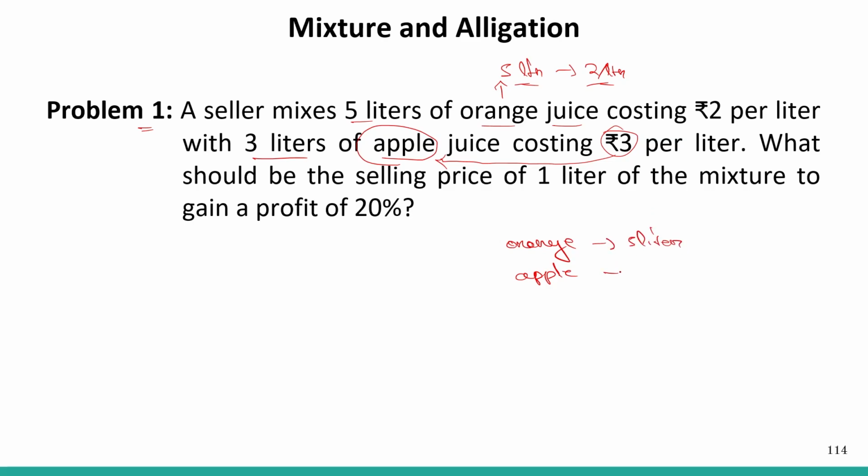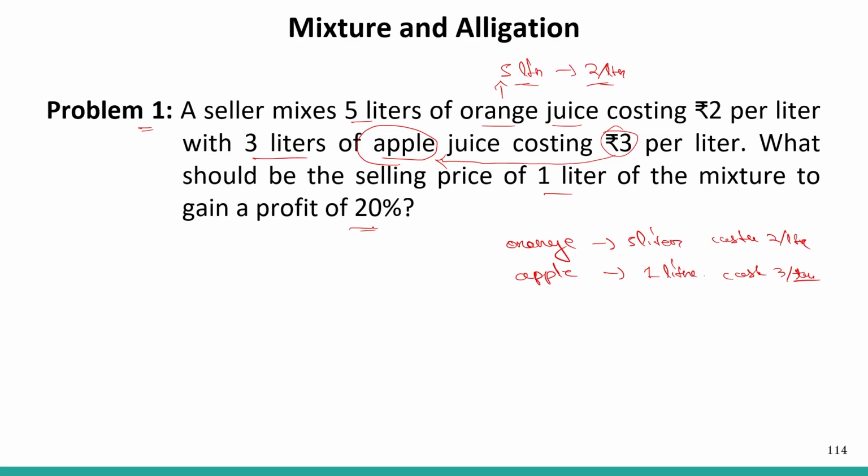Costing 2 per liter and costing 3 per liter, right? So let's see what should be the selling price of 1 liter of mixture to gain a profit of 20%.